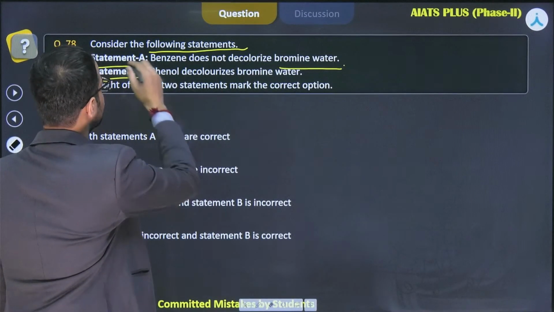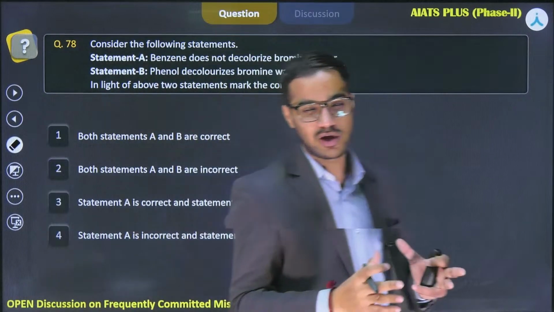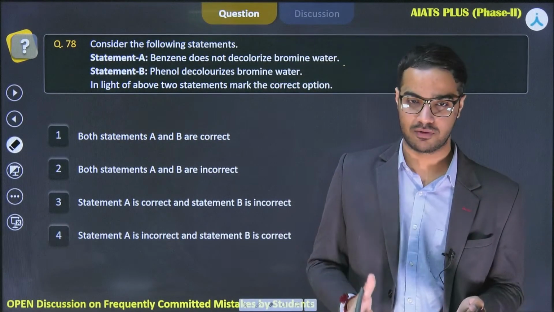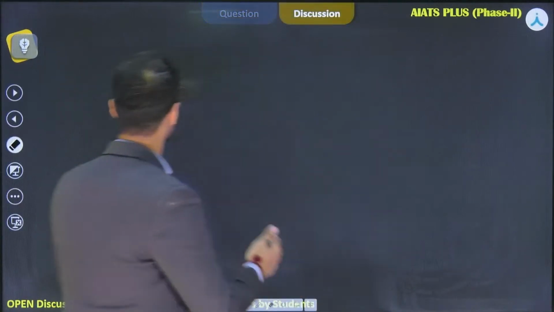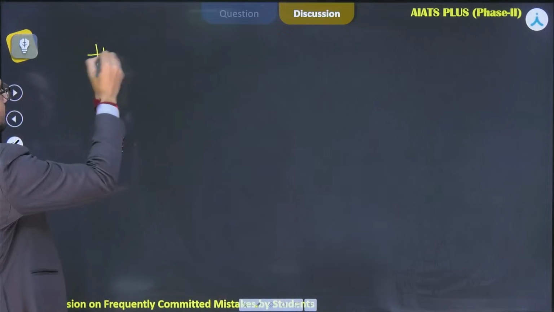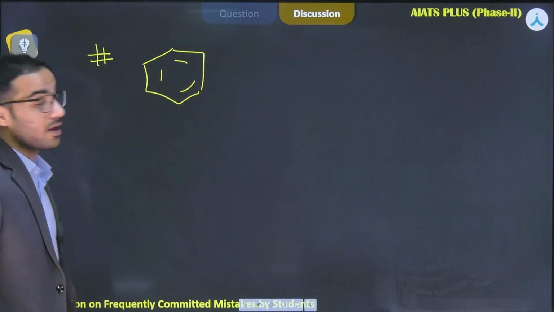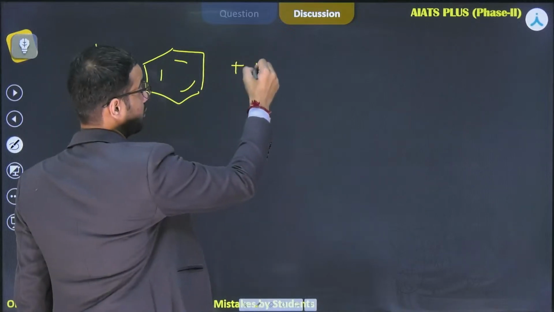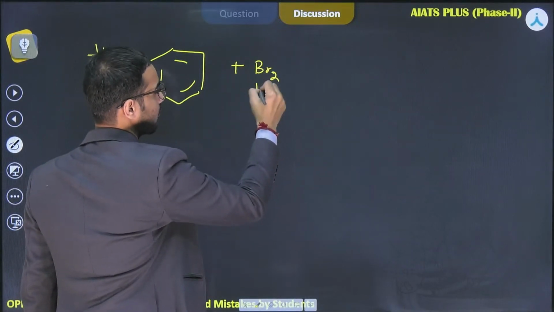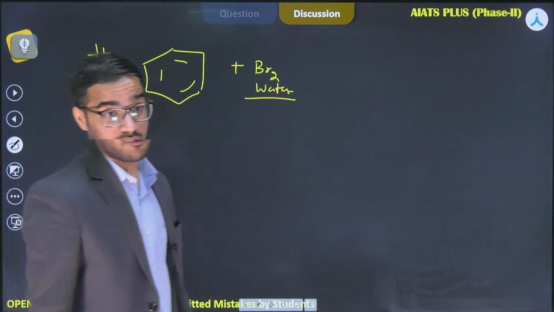Let us discuss these reactions in so much detail that you are much aware of the conceptual part. Let us say you are taking benzene and reacting it with bromine water. What is the color of bromine water?